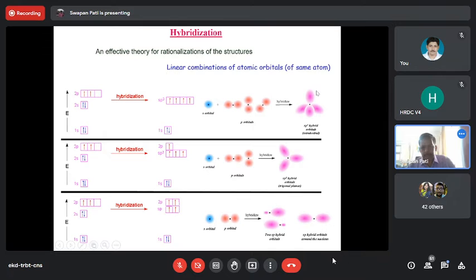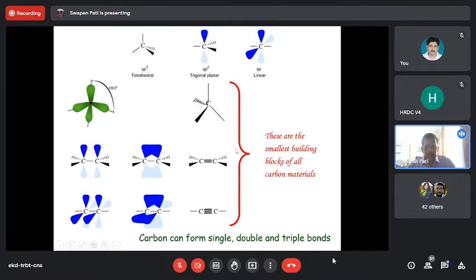This is the structure: tetrahedral, a planar one, and a linear one, sp hybrid orbitals. So this is the tetrahedral unit, sp3 carbon, sp2 carbon trigonal planar, and the linear one is sp orbitals.